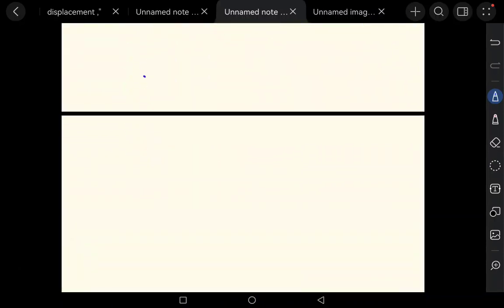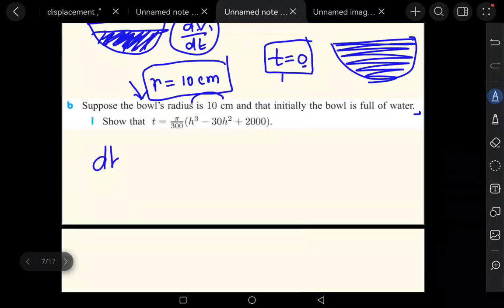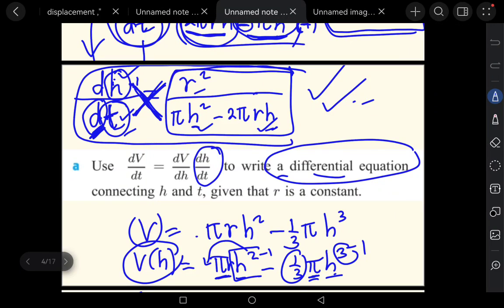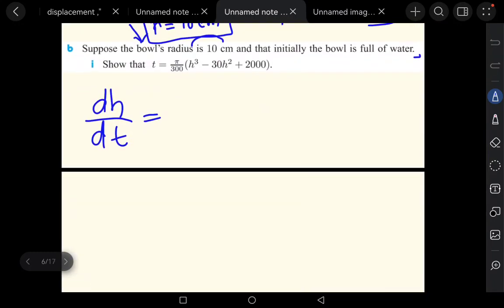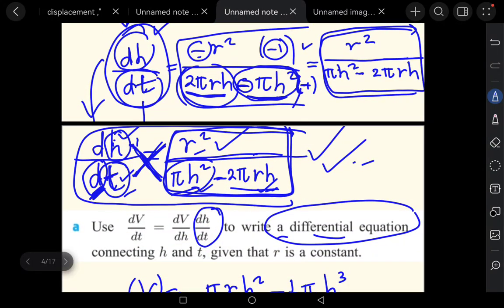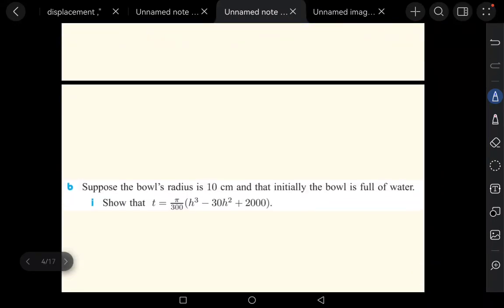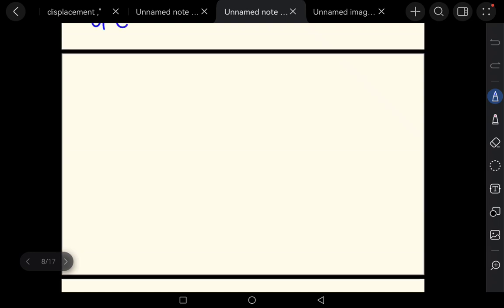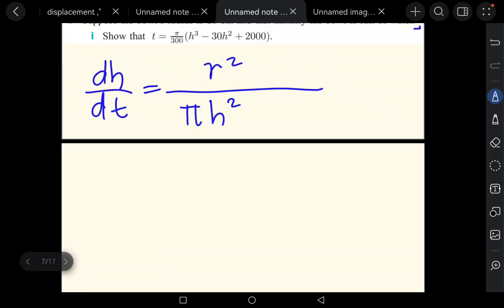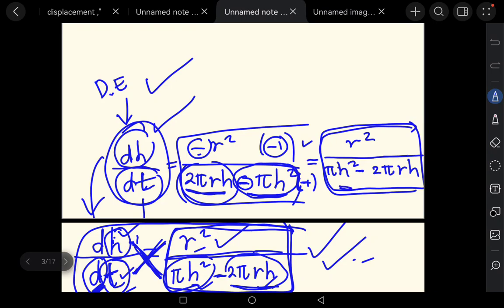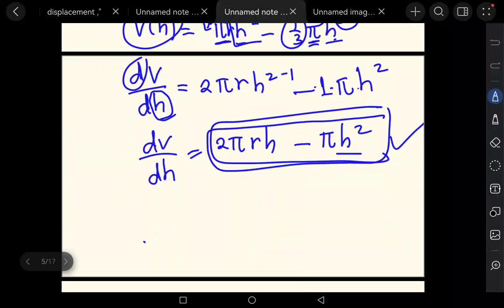So dh over dt equals the first part that we got before, r squared over pi h squared minus 2 pi r h.